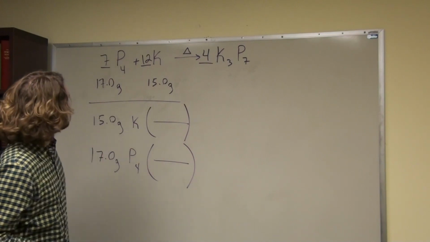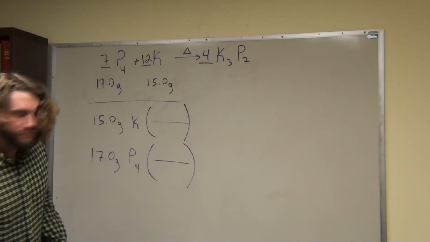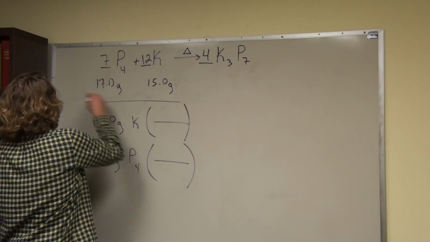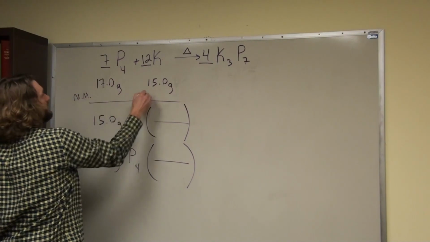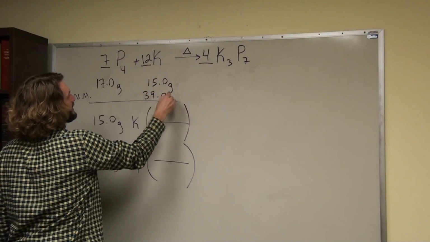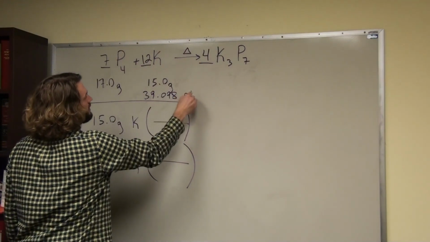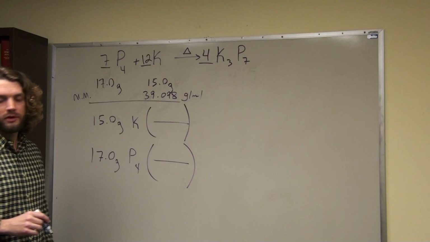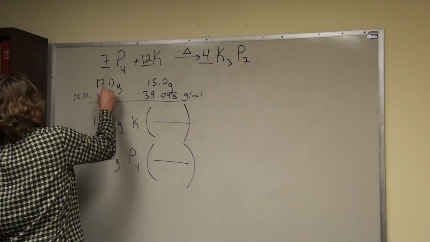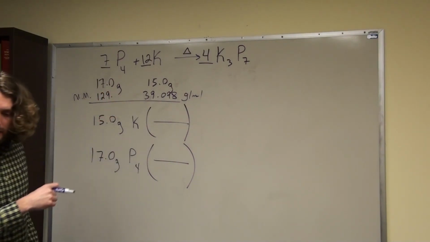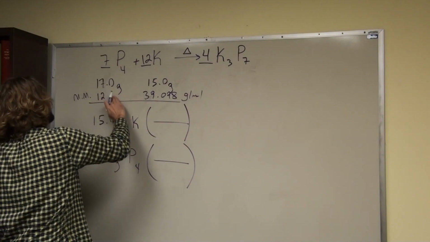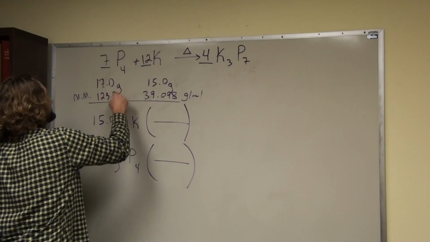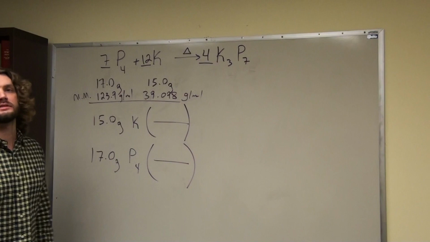But just looking at the periodic table for potassium, I'm going to write them here, 39.098 grams per mole is the molar mass of potassium. And then for P4, we have 123.9 grams per mole as our molar masses.